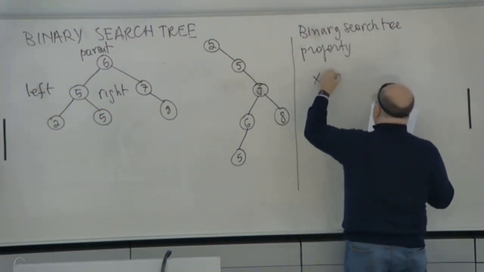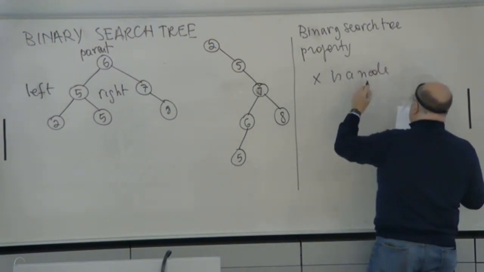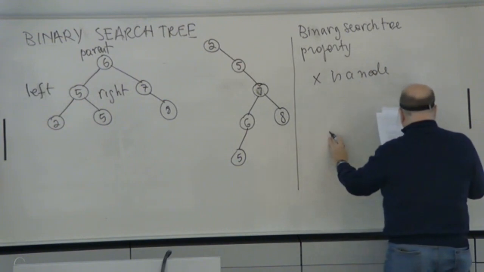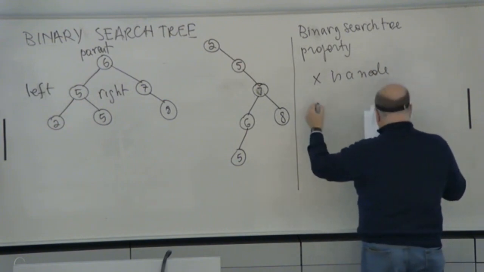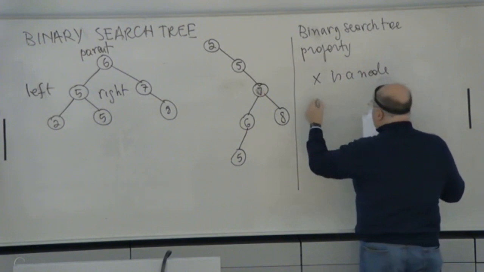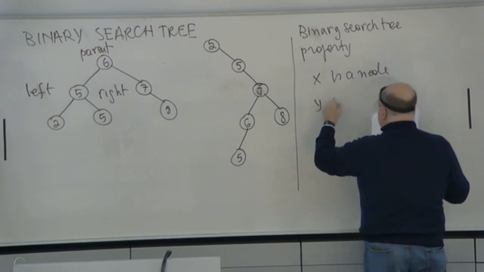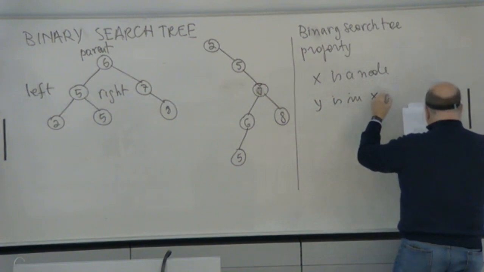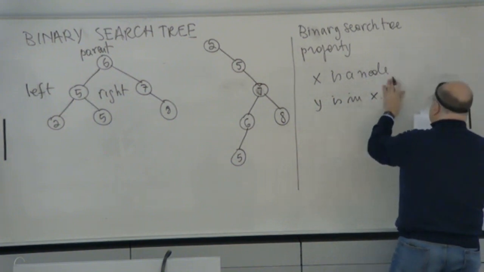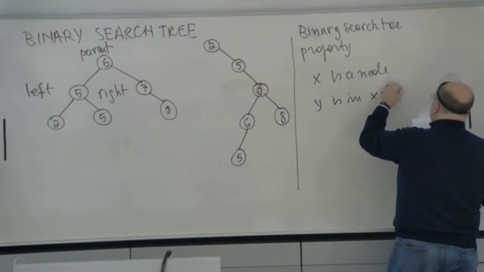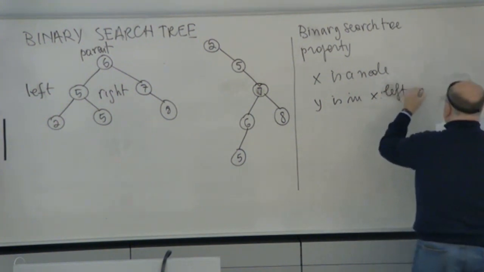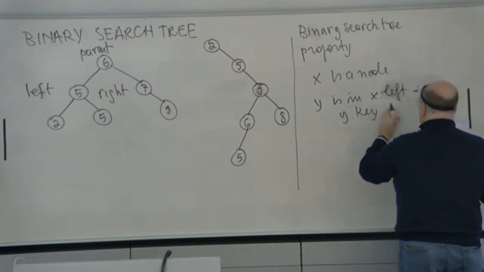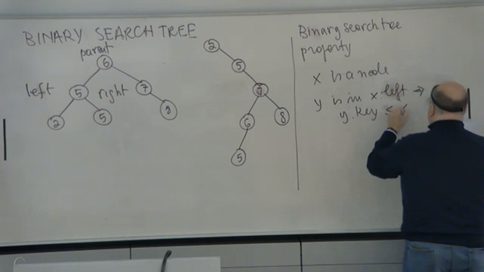So if X is a node in the binary search tree, and Y is in X dot left, then Y key is less than or equal to X key.